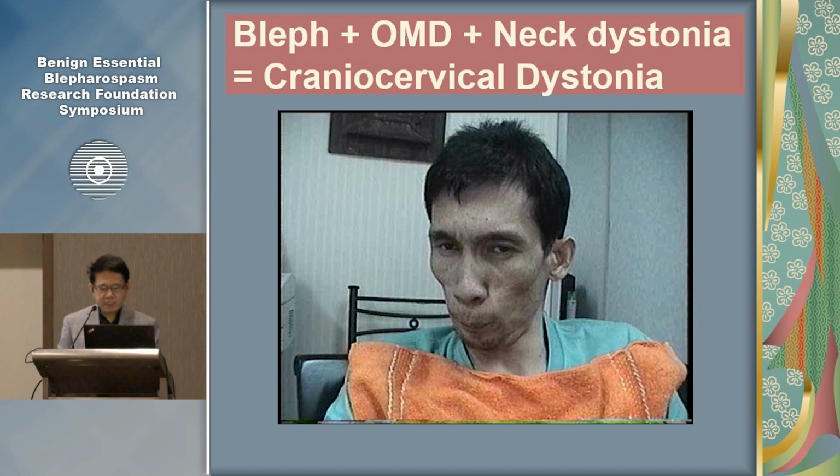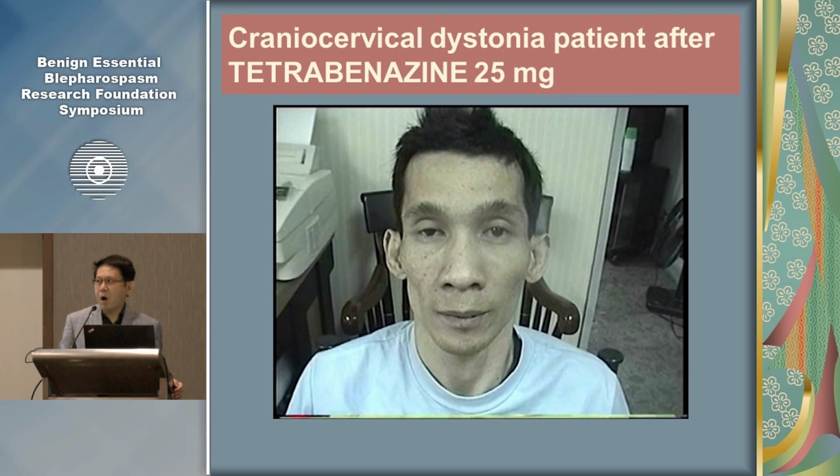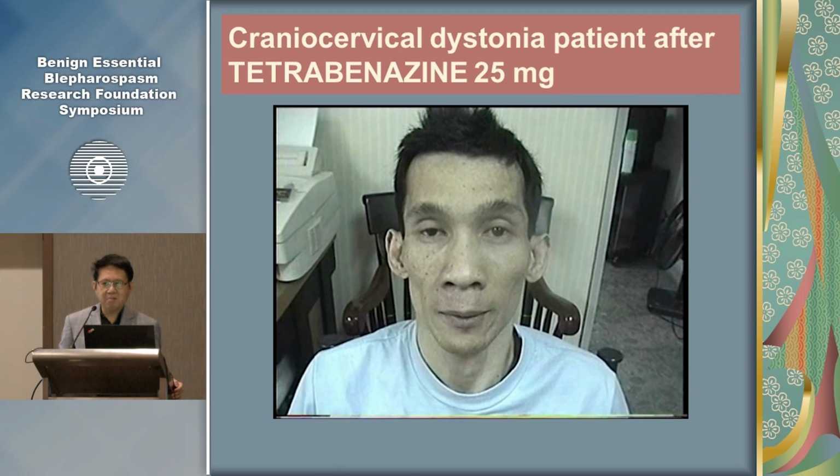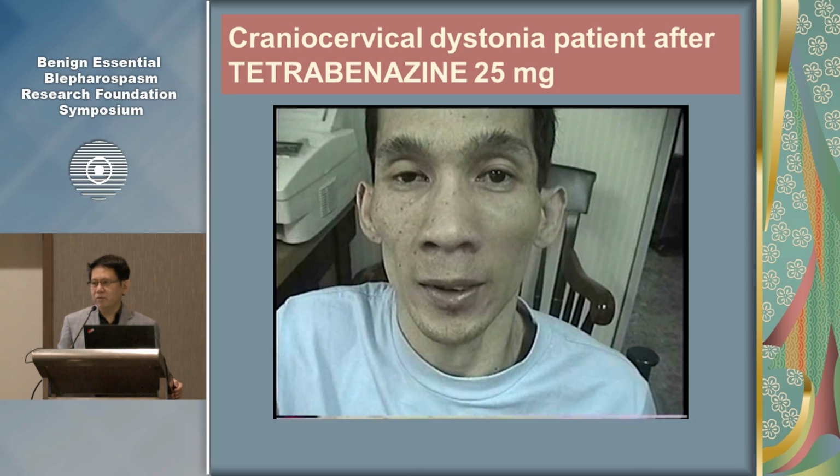And then, although this guy had DYT3 Lubag dystonia, I tried one of the VMAT2 inhibitors back then, the only one back then, TETRABENAZINE. And this is an hour after TETRABENAZINE. I tested this in my office as well. Again, remarkable improvement.